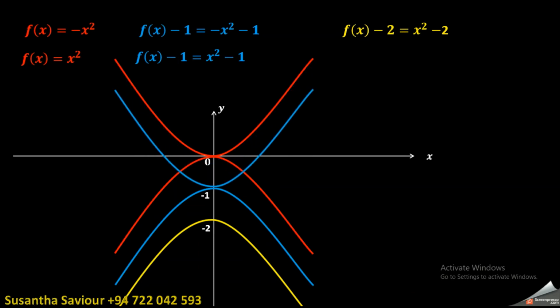Now of course a beautiful pattern is coming up. That is mathematics. Mathematics is always beautiful, isn't it? Look at this, another transformation, f(x) minus 2. Now it is pretty obvious for you. You can see what it is.